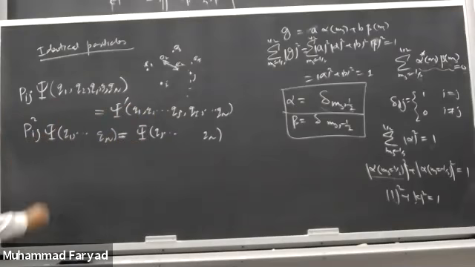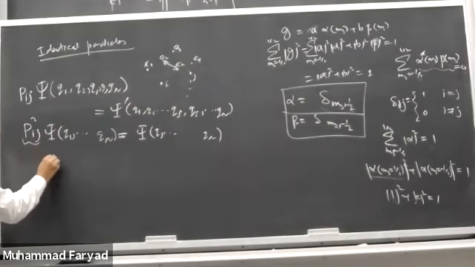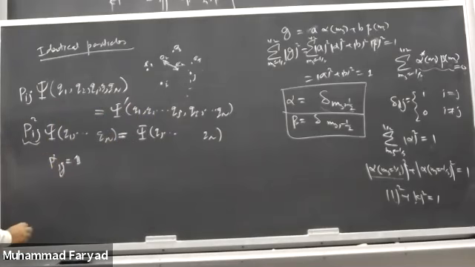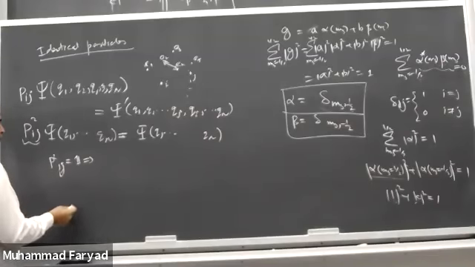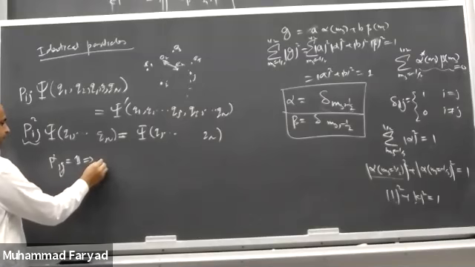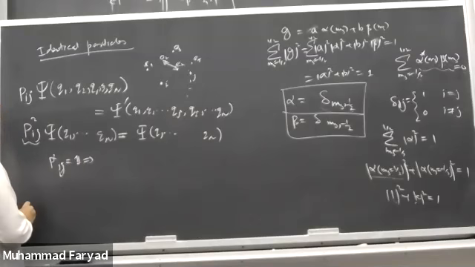So this means that if we think of this operator Pij, its square should be the identity, which means that its eigenvalues are plus or minus 1, but let me do it systematically.